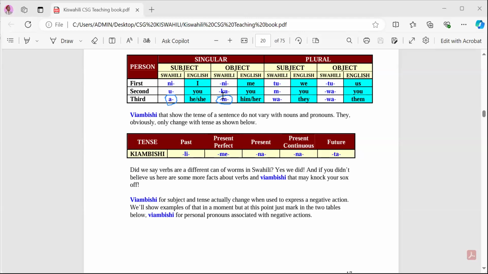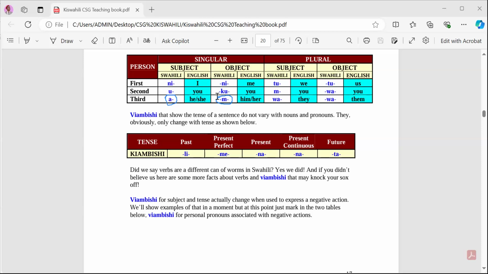That's how the "m" comes in. Yeye alifundisha. Ama yeye anafundisha. Now the object will be alimfundisha. Hope you now understand how the ni, ku, and mu come in the object aspect form, the subject of ni, u, and a.